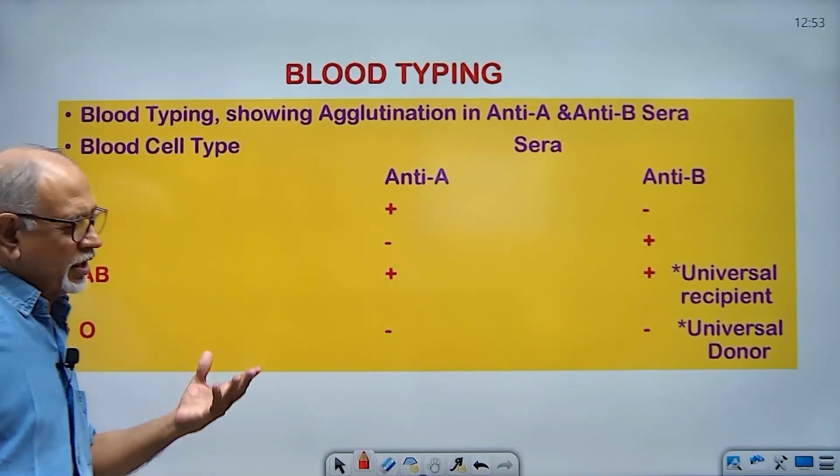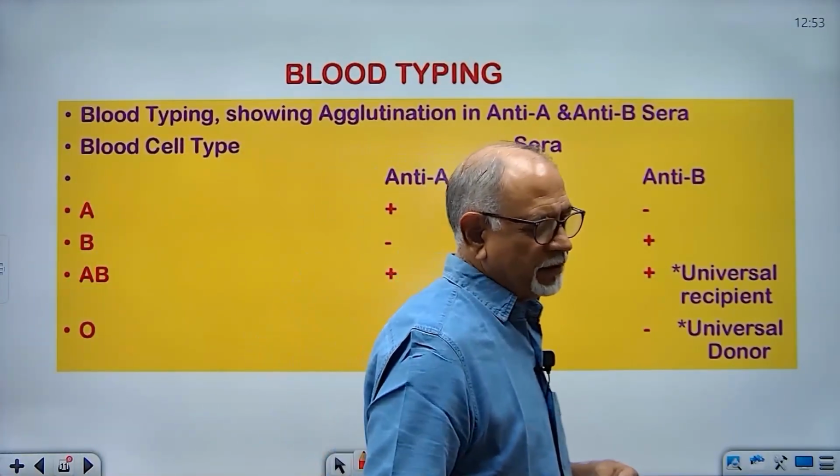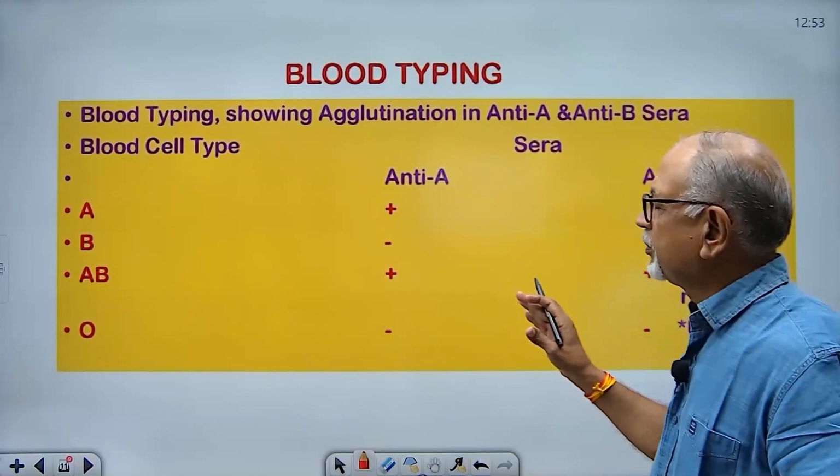Now the same experiment which I just explained is shown in this table.